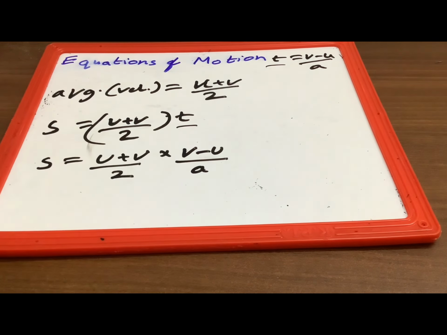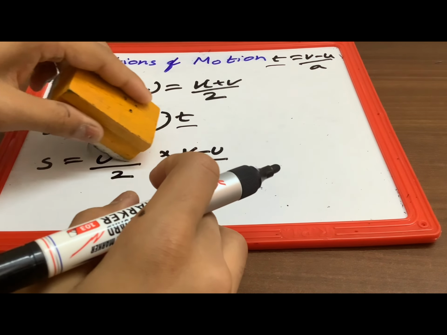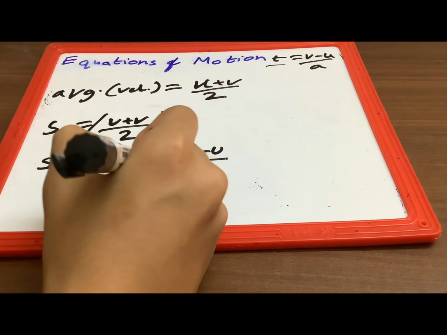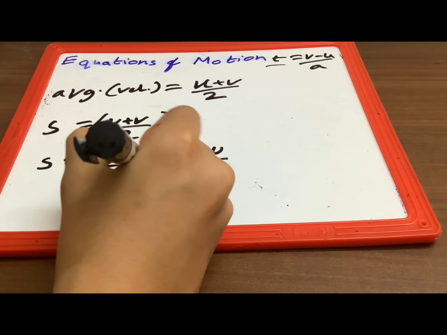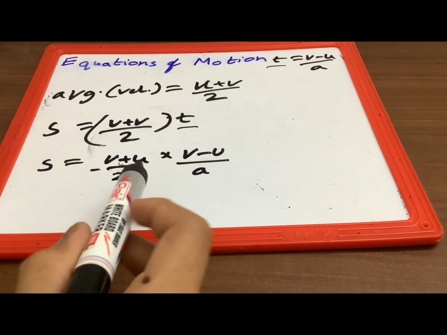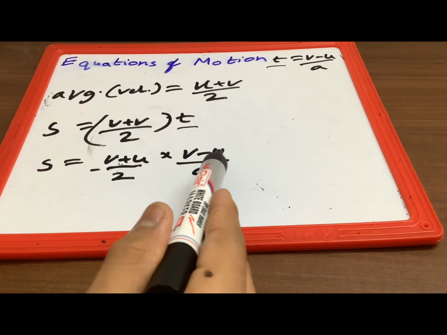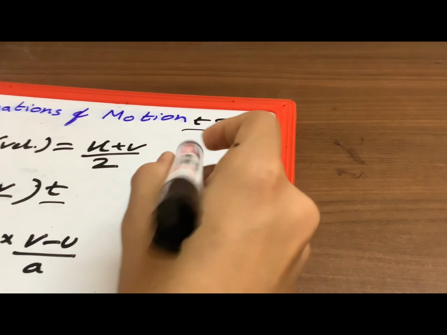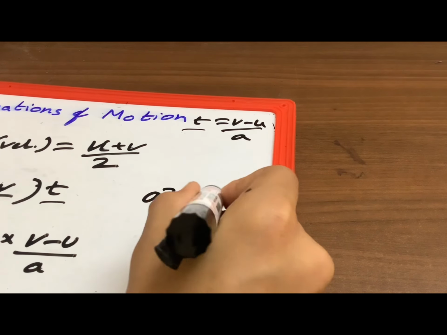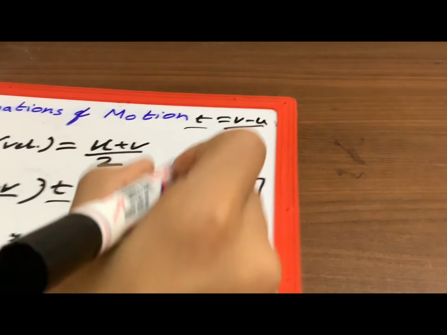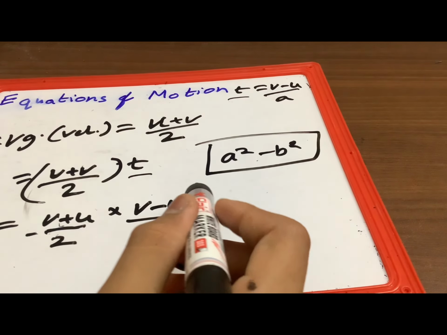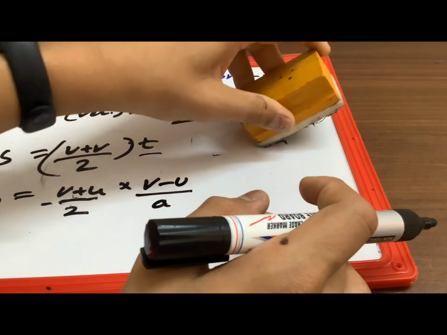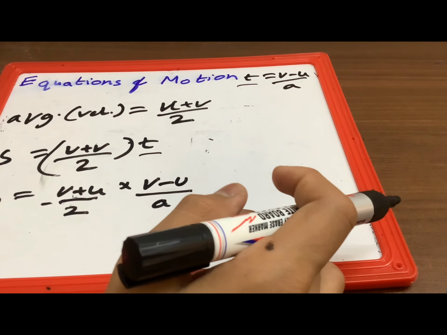Simply switching these two terms up as same, because addition is commutative, we get v plus u. Now this looks oddly familiar, since this is the formula for a square minus b square. A square minus b square equal to a plus b and a minus b.